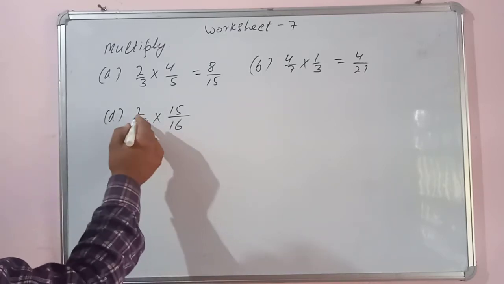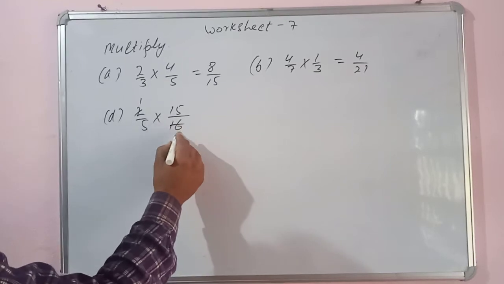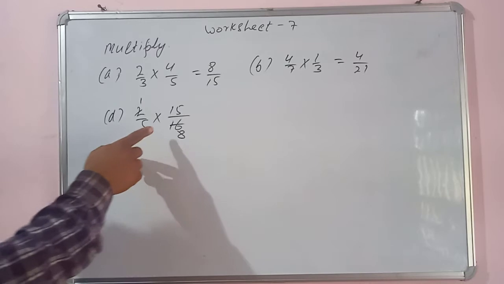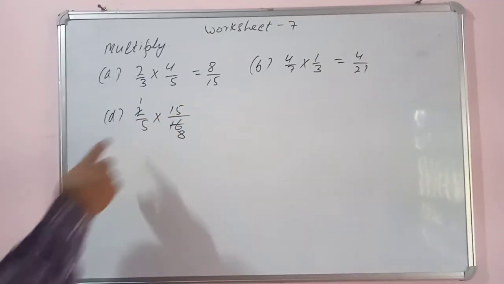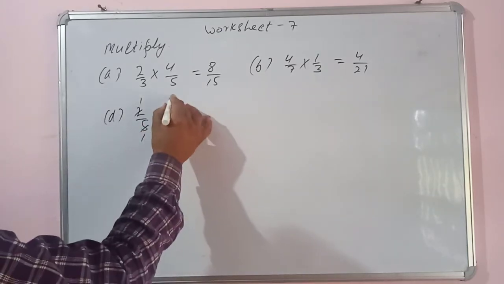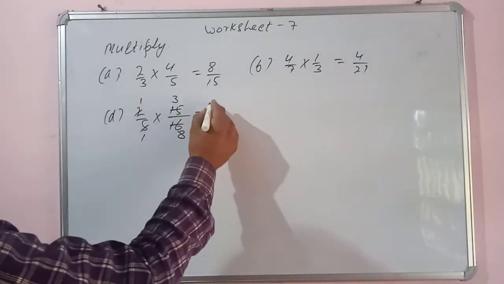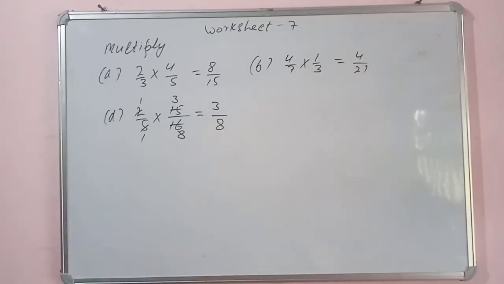So we will count the table of 2 up to 16, 2 1s are 2 and 2 8s are 16. Now can we divide 15 with 5? Yes. So 5 1s are 5 and 5 3s are 15. So now it is 1 3s are 3 and 1 8s are 8. So therefore our answer is 3 by 8.